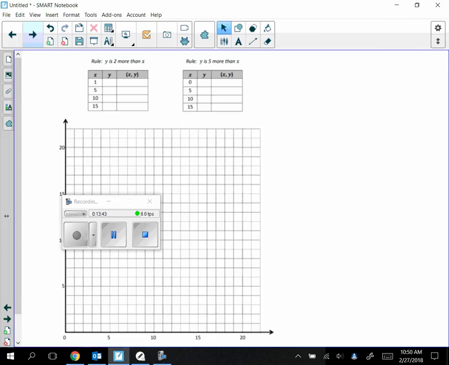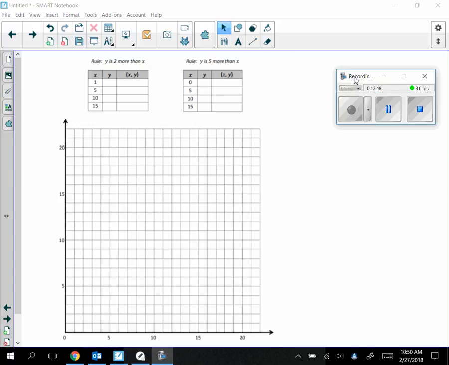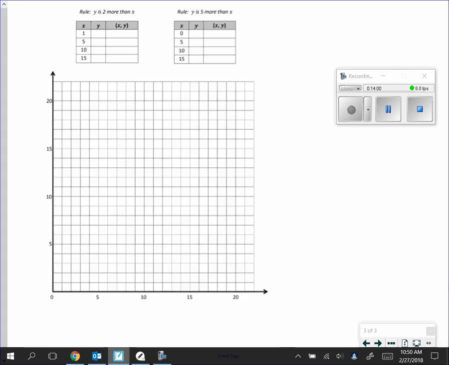I'm not going to touch that thing because my little doodad keeps showing every time I touch it. Okay. So here, just like on mine, he gave you the coordinates and you had to plot it. So y is 2 more than x and y was 5 more than x.